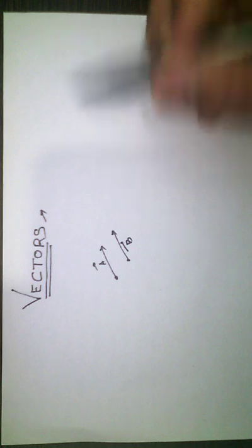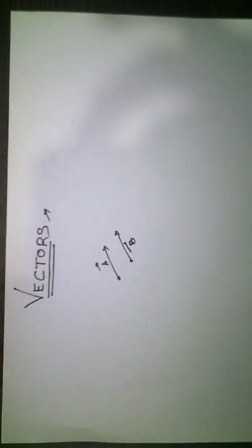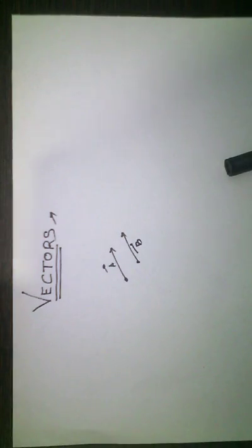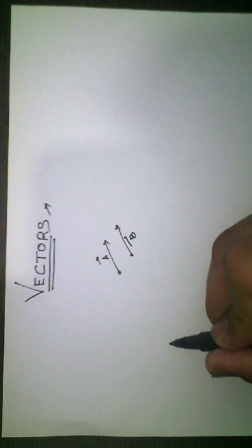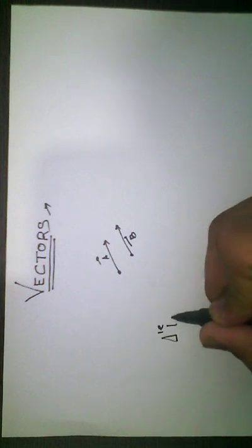So in vectors, at first, what is the resultant? The resultant vector can be represented in the form of the triangle law. So let me explain the triangle law.